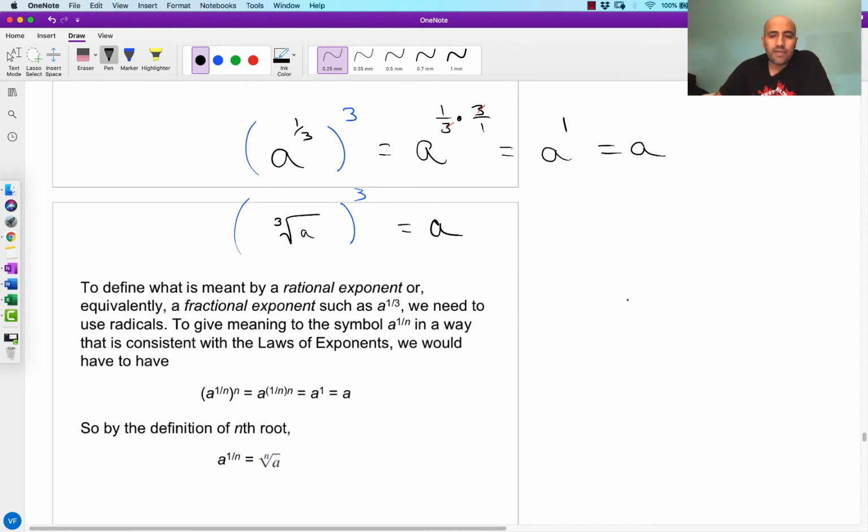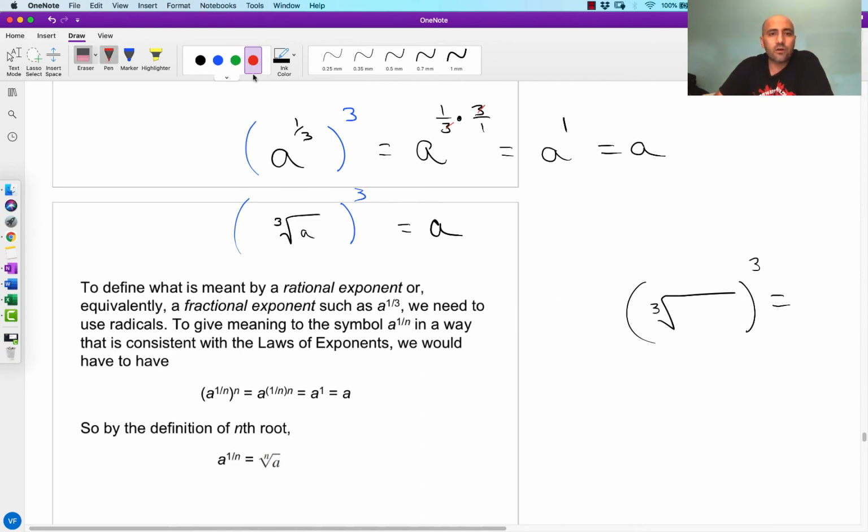So if I take, for example, 125, and I find the cube root of it, well, that's just going to be 5. 5 times 5 is 25, times 5 is 125. That's going to be an answer of 5. And so now if I take that and raise it to the power of 3, well, then that's just going to give me the 125. Right? So it doesn't matter what this is inside here.